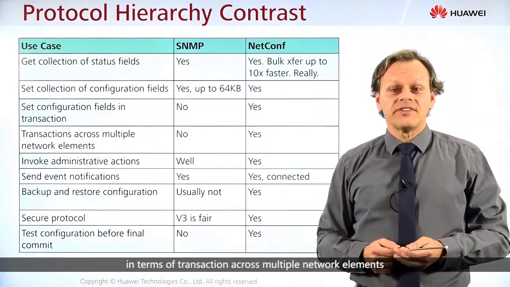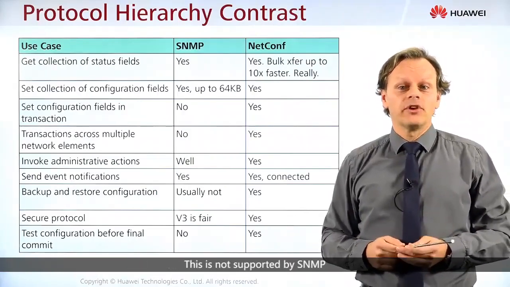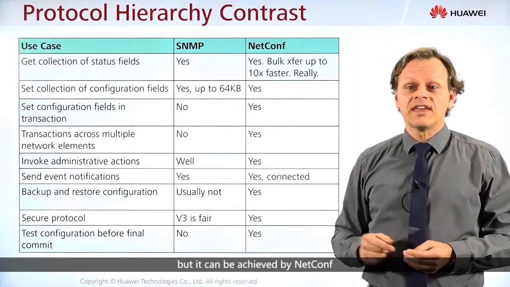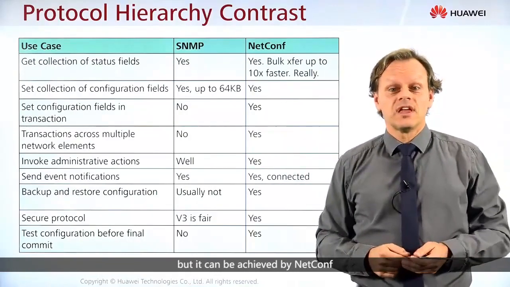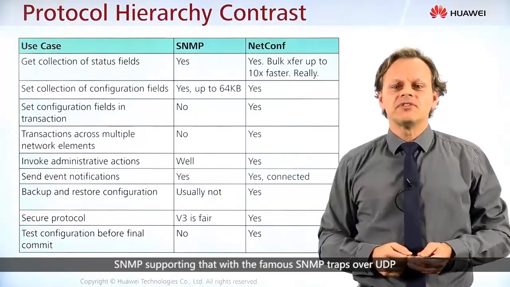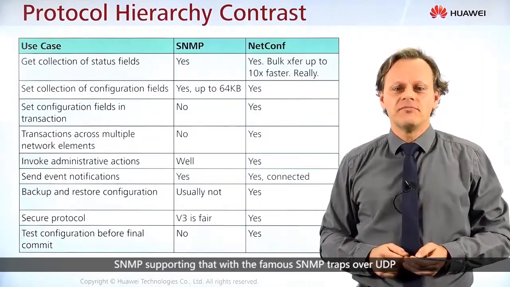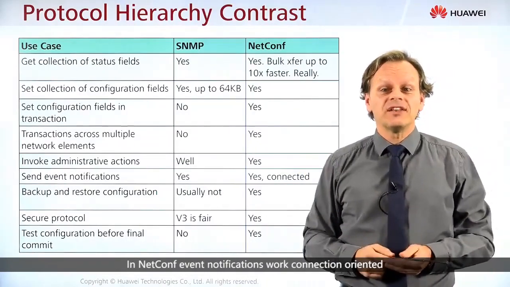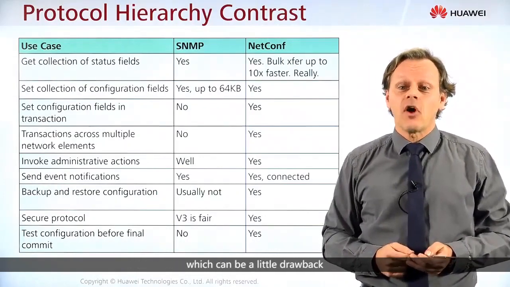In terms of transactions across multiple network elements, this is not supported by SNMP, but it can be achieved by Netconf. In terms of event notifications, SNMP supports that with the famous SNMP traps over UDP. In Netconf, event notifications work connection-oriented, which can be a little drawback.